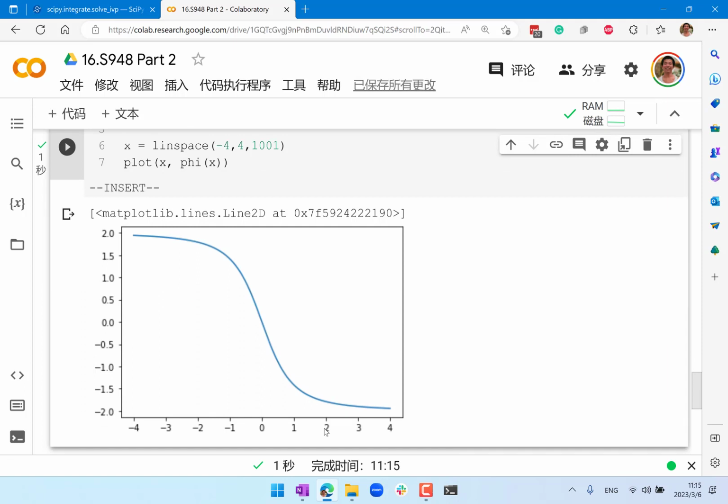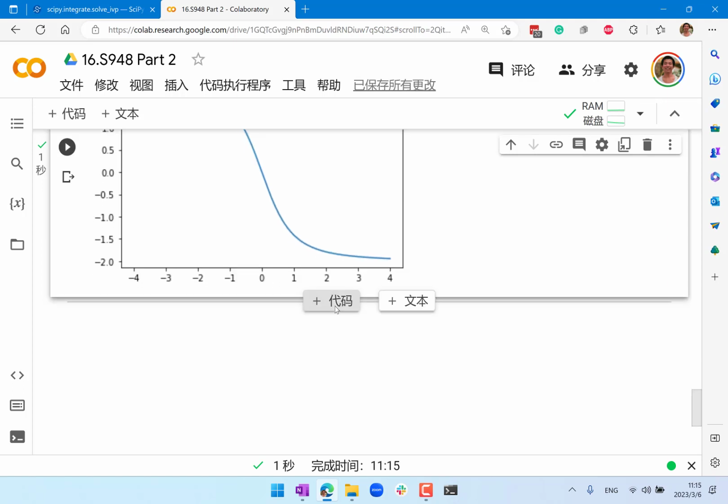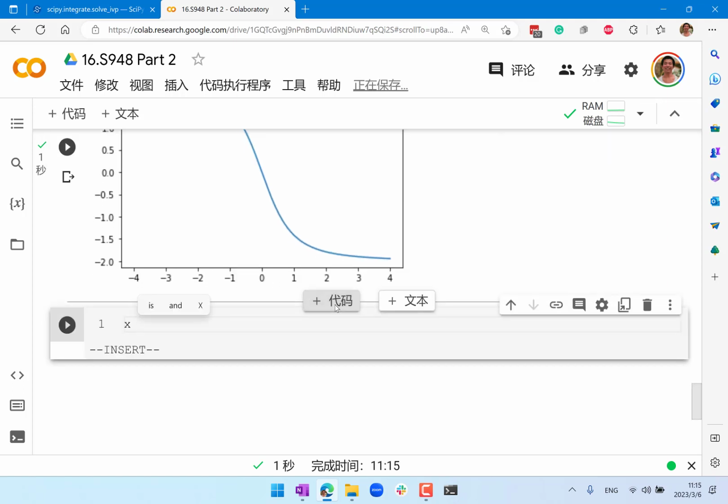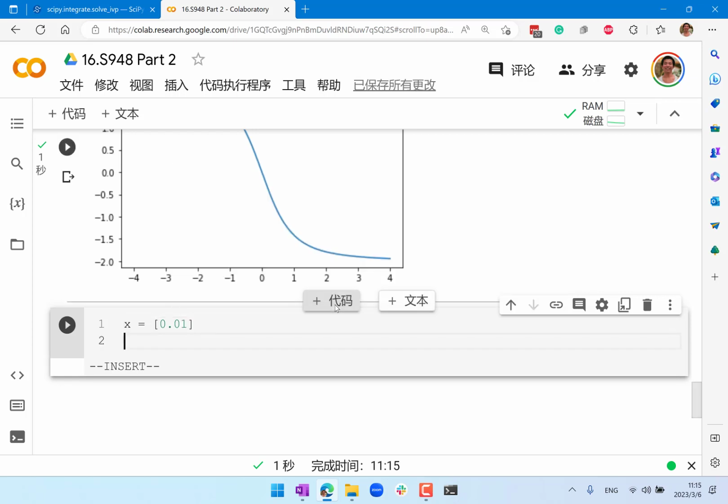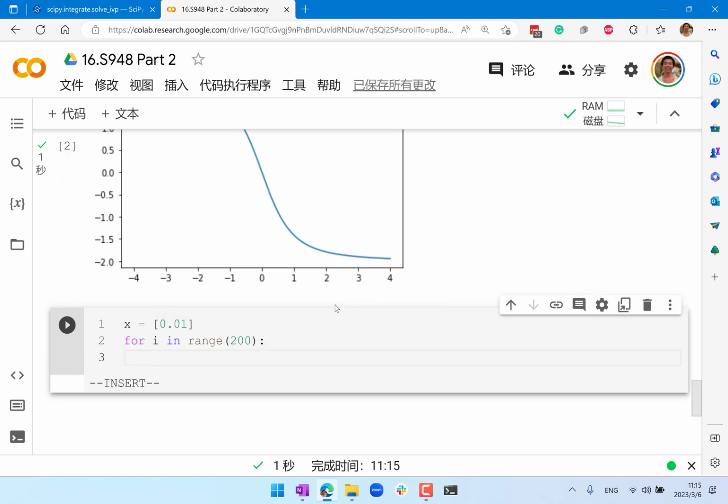Okay, and now if we start with x, for example, close to the origin, 0.01, and we make, let's say, 200 iterations, and x.append takes the phi function operated on the last element of x.